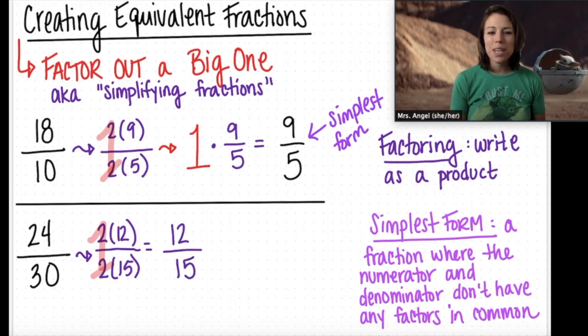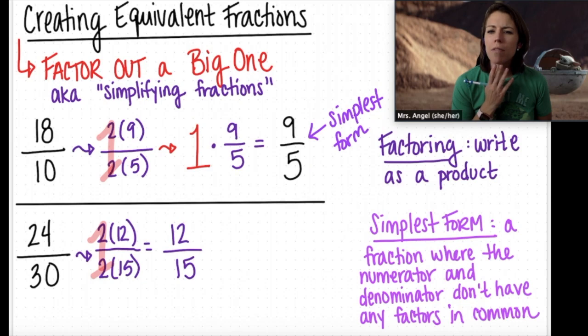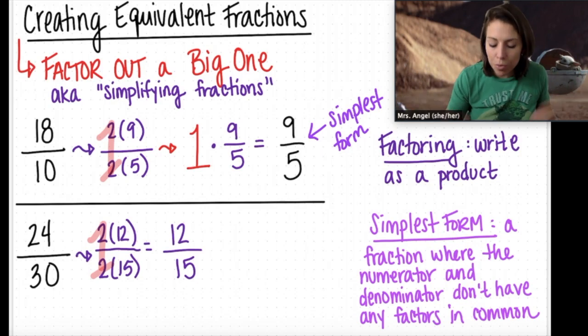Cool. So we just made an equivalent fraction, 12/15. Is 12/15 in simplest form? I'm pretty sure 12 and 15 have a common factor. What factor do 12 and 15 have in common? That's right, they have 3 in common.